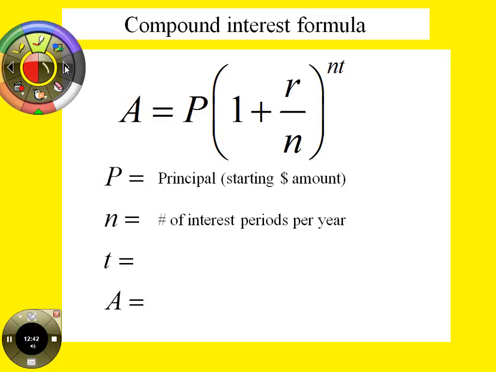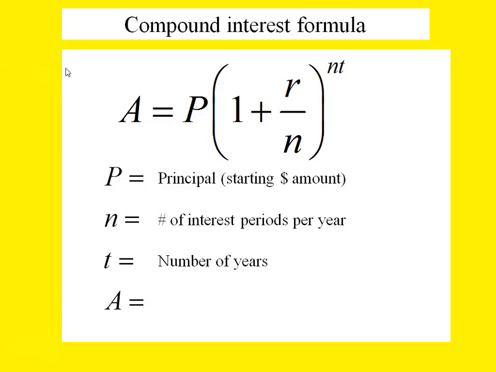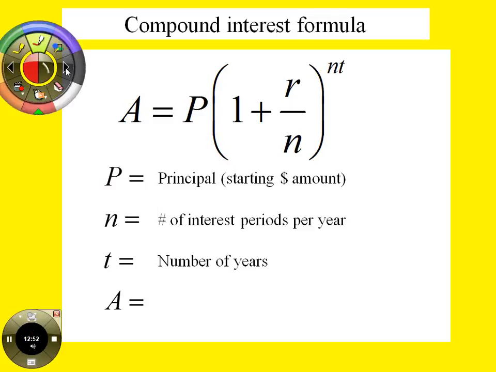If they do it semi-annually, then twice a year, monthly, 12 times a year, etc. T is always the number of years, and A is the total amount of money that it's going to accumulate after T years.